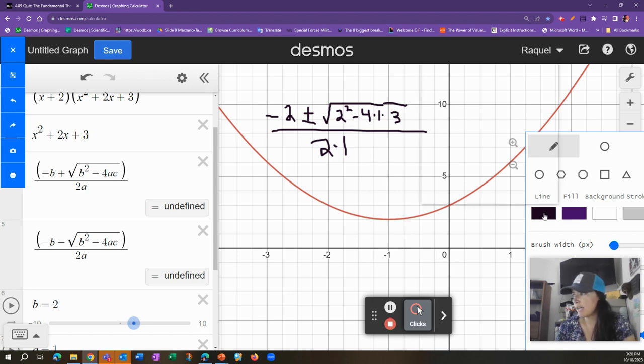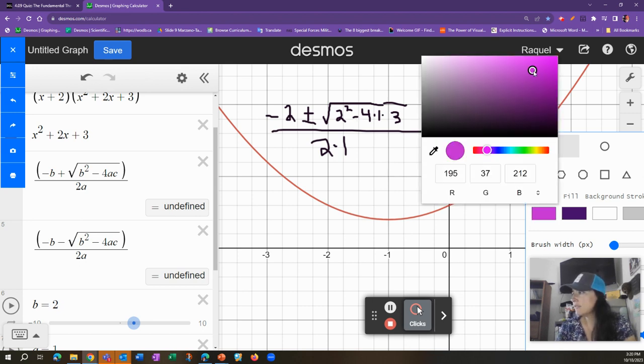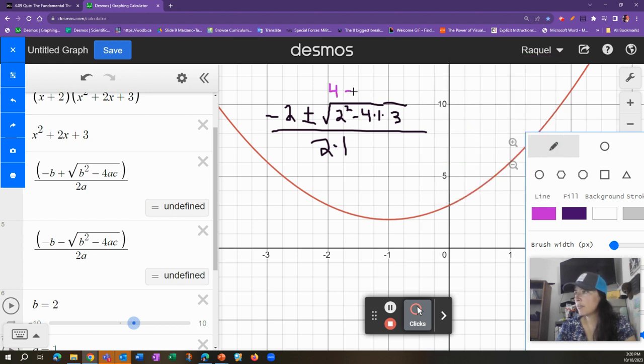All right, now let's simplify. Looks like right here I have 4 minus 12. The square root of 4 minus 12. This is just 2. The 4 minus 12 is the square root of negative 8. There's our undefined portion right there. Okay, so now let's write it down here.